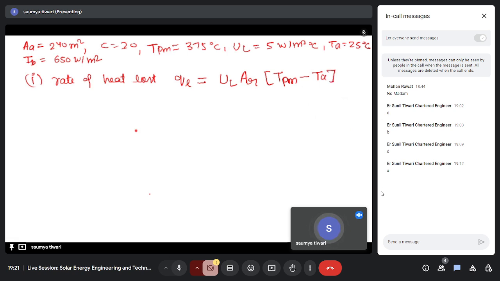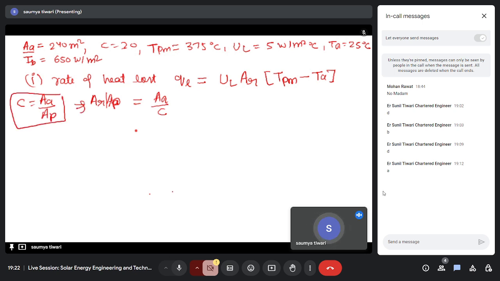You know the area of aperture, so what will be the area of receiver or absorber? The notation might be different, so let's say it by AR or AP. If you remember, your concentration ratio was area of aperture upon area of receiver. So this was your formula.